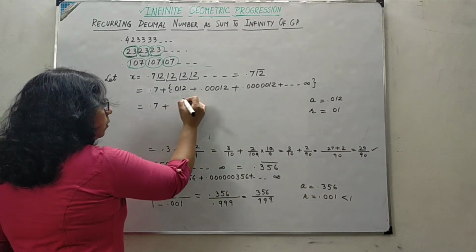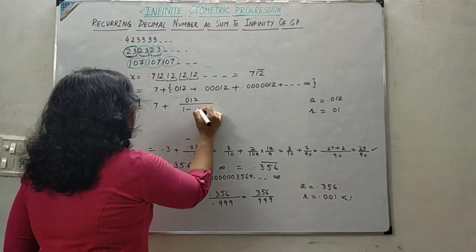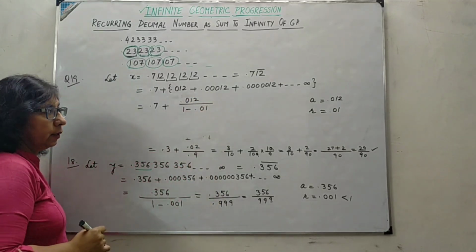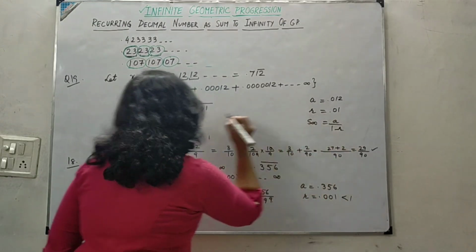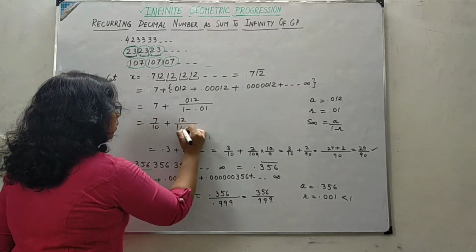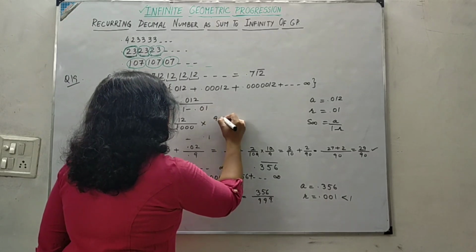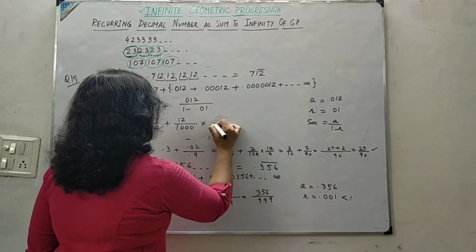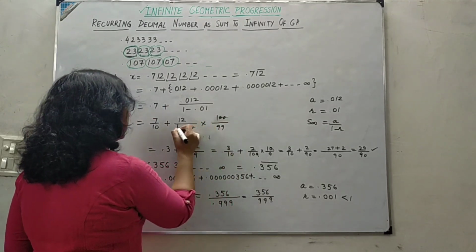Now this is your first term 0.012 upon 1 minus 0.01, applying the formula for S infinity as A upon 1 minus R. So this is your 7 by 10 plus 12 by 1000 into 100 by 99, which is getting cancelled.